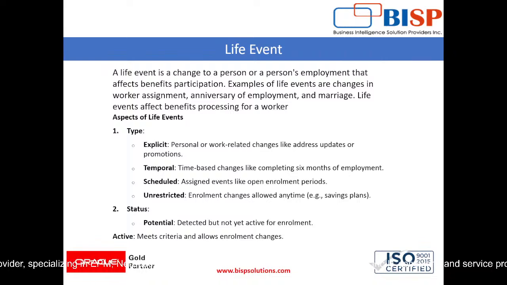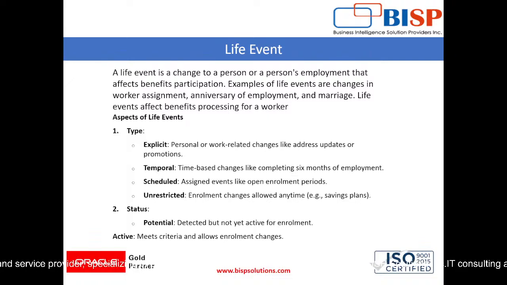Now that event you have to specify in your benefit program, so that if a certain event happens in your life, you can select into your benefit to get coverage for your spouse as well. For example, life event changes are work assignment, anniversary of employment, marriage. Life events affect benefit processing for a worker.